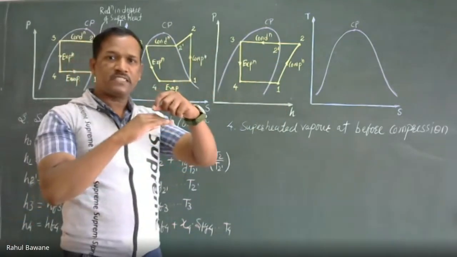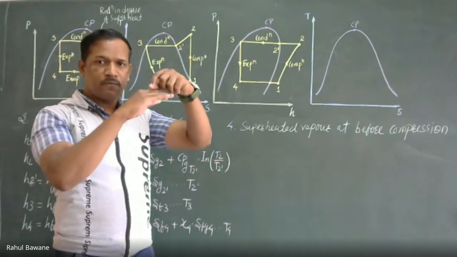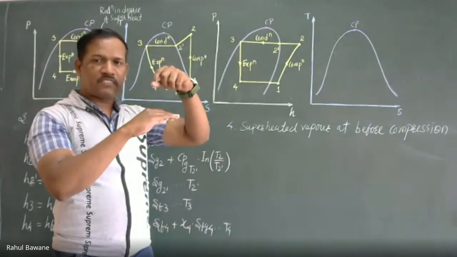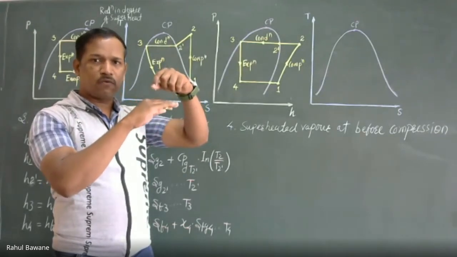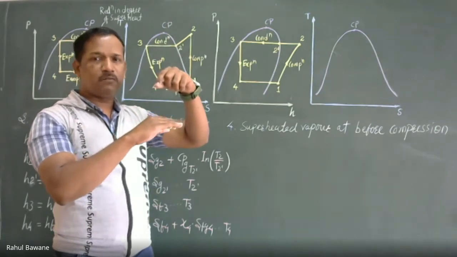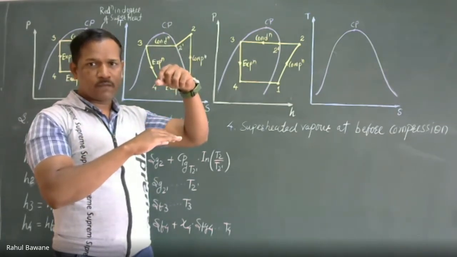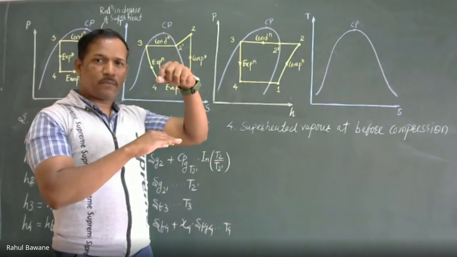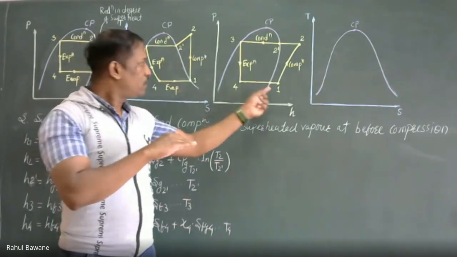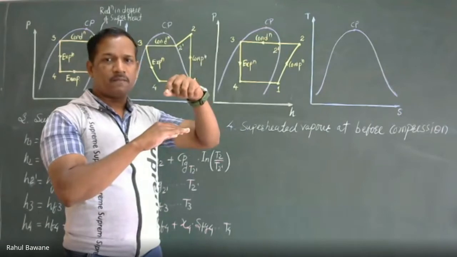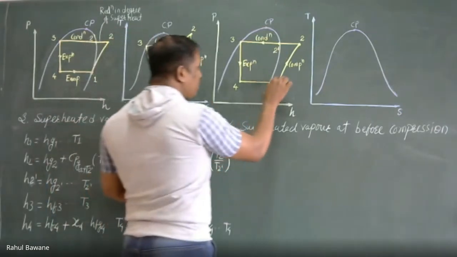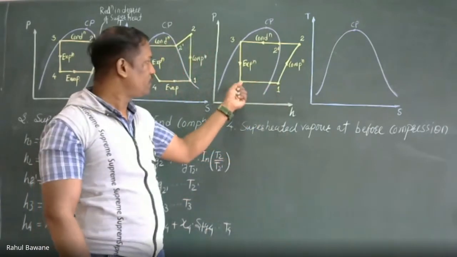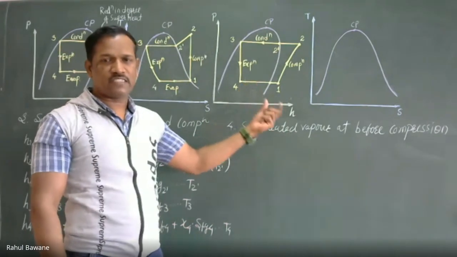Before the actual compression starts, during suction itself, your vapor enters the compressor, but the surrounding wall temperature is high, so due to that it gains heat and becomes superheated before the compression started. And when compression starts, it will compress superheated vapor. So this degree of superheat is because of the heated parts, not because it gets superheated due to extraction of latent heat.